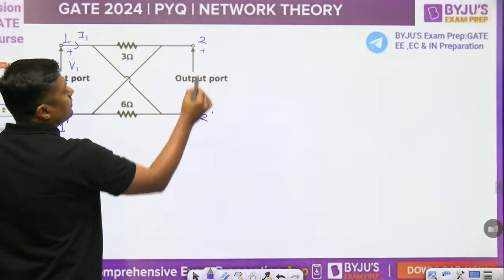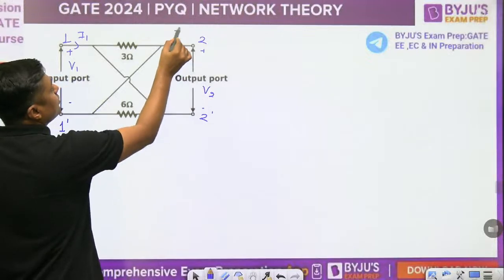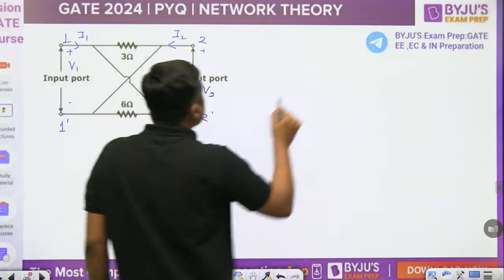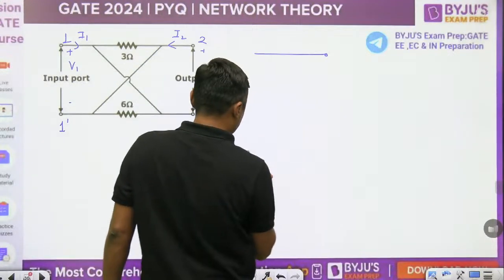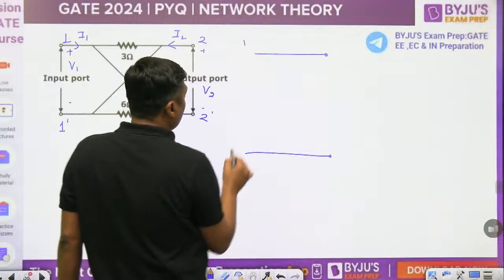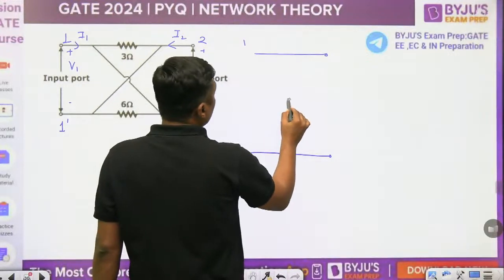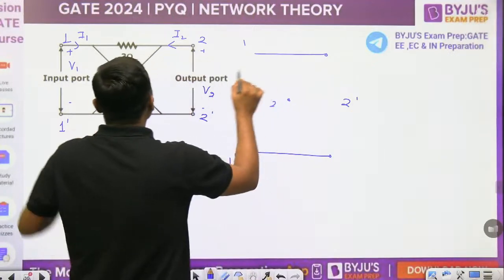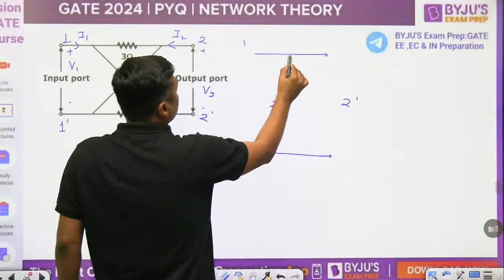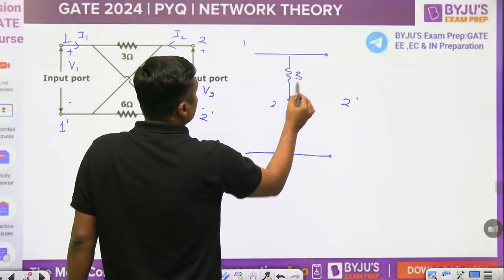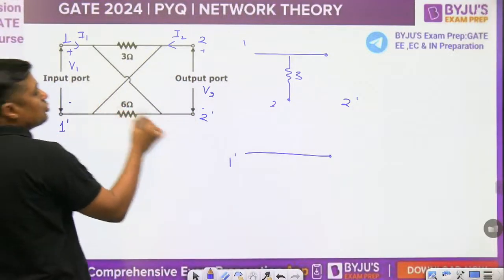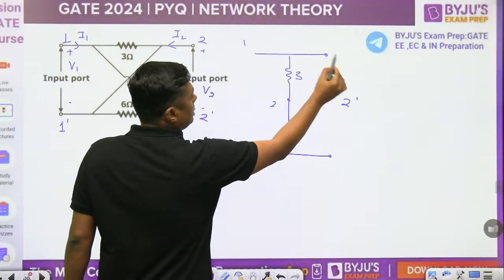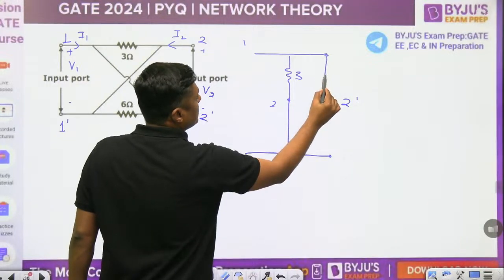Here the voltage is V2, and let this current be I2. Now you can redraw the diagram. This is 1, 1 dash, here you have 2, here you have 2 dash. Between 1 and 2 there is a resistor of 3 ohm. Between 2 and 1 dash there is no resistance, a short circuit. Similarly between 1 and 2 dash, a short circuit.